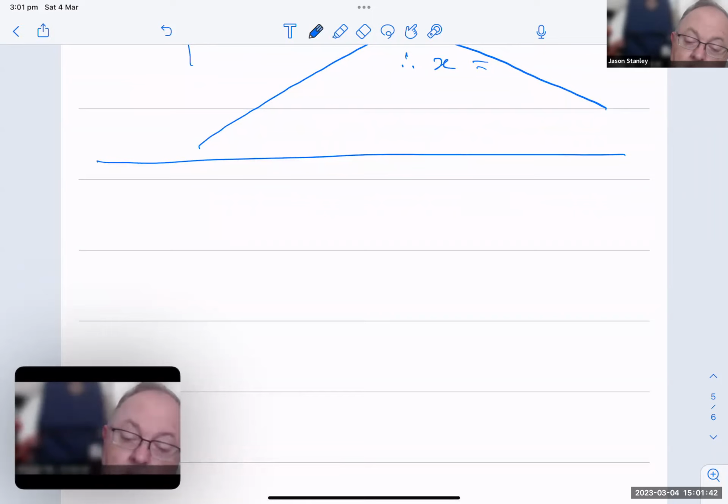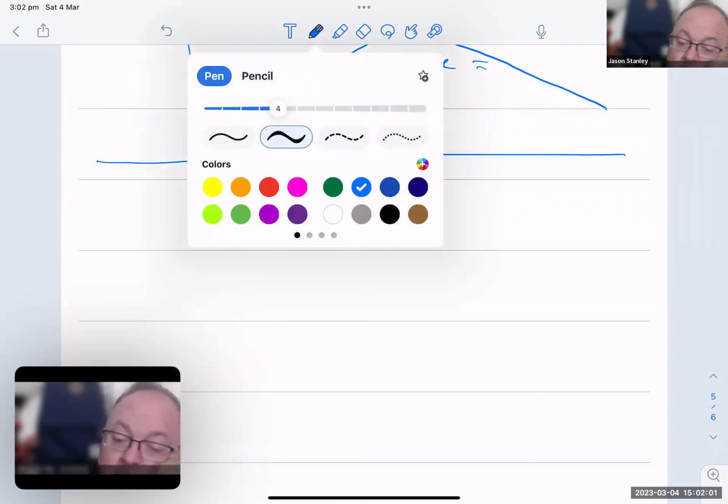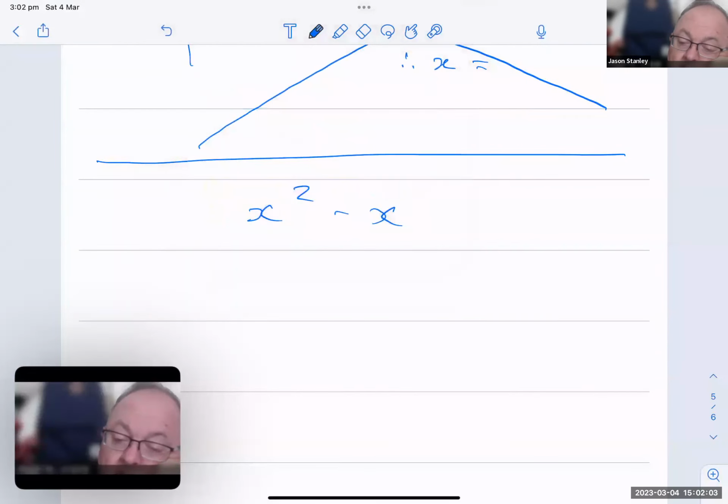Okay, so let's go for y equals x squared minus x. Now, it's incomplete. It's still a quadratic formula, but it's just silly. So, will it work?